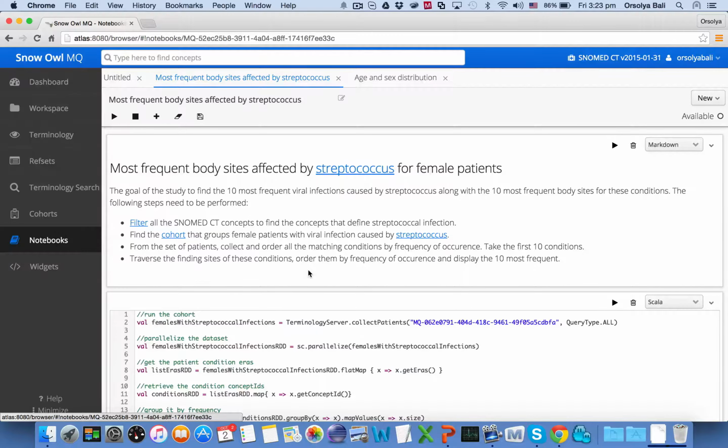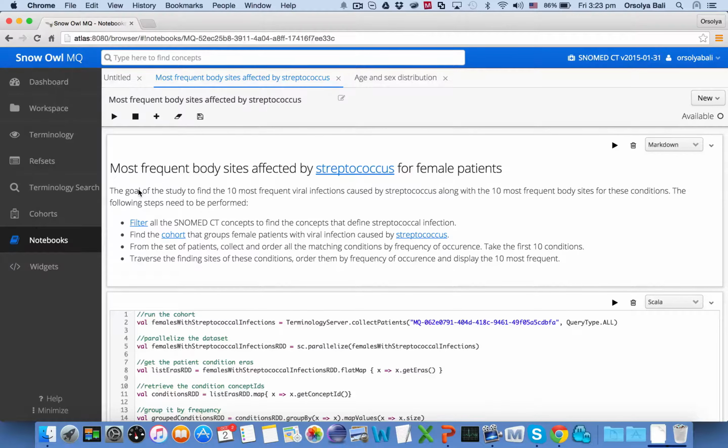Then we can use this data to do some secondary analysis and retrieve this information by looking at our patient cohort that we've created with all the females that encountered some kind of streptococcal infection during their recorded life cycle.